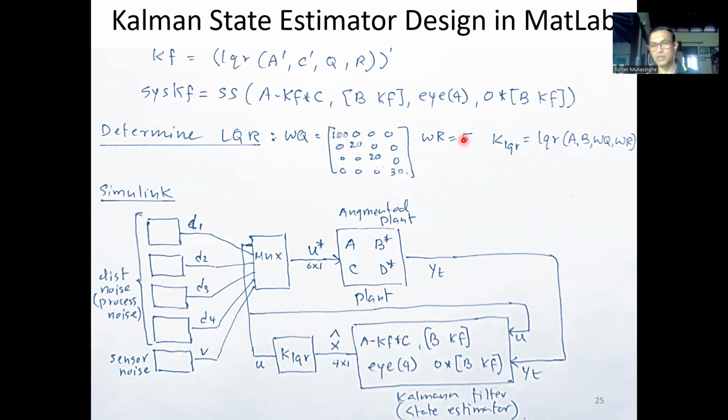You can buy, say, 20 rupees a liter. You don't worry to optimize it, right? But if it is expensive, then you put a bigger value over it. That is, you want to reduce it. Okay, this is the importance of the energy, the control effort.